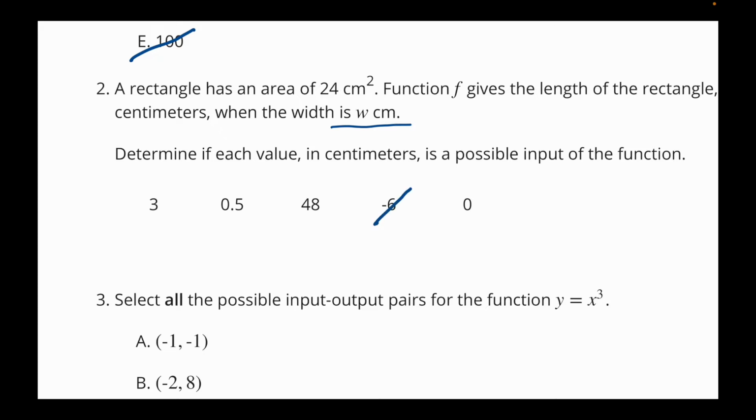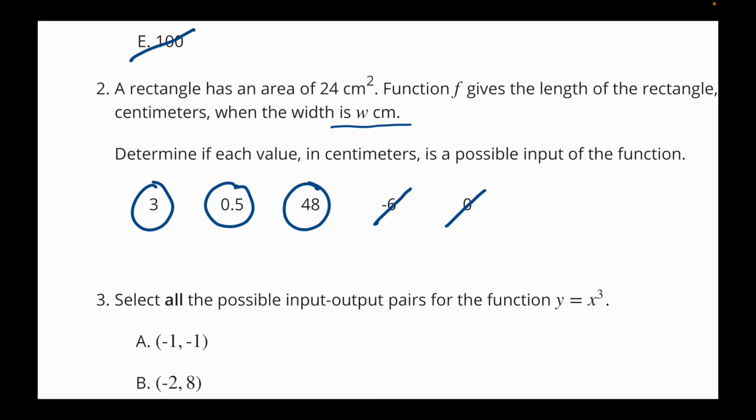And I also lied. I can also not use 0, because if it has 0, then we're going to multiply by 0, and our area is 0, and the rectangle just doesn't exist. So we can't have negatives, and we can't have zeros. But each of these could be inputs.